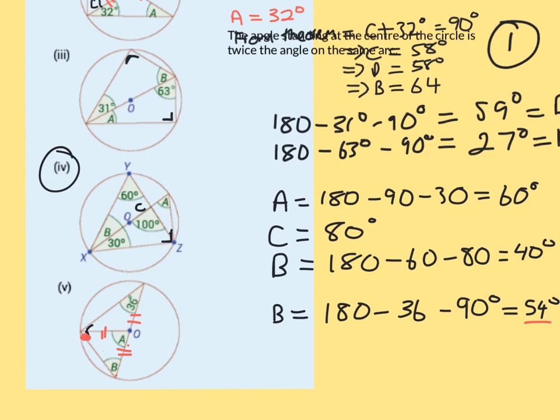So angle A is going to be 180 minus 2 by 54. And when I stick that into my calculator, 180 minus 2 by 54, that will give me 72 degrees. Okay.